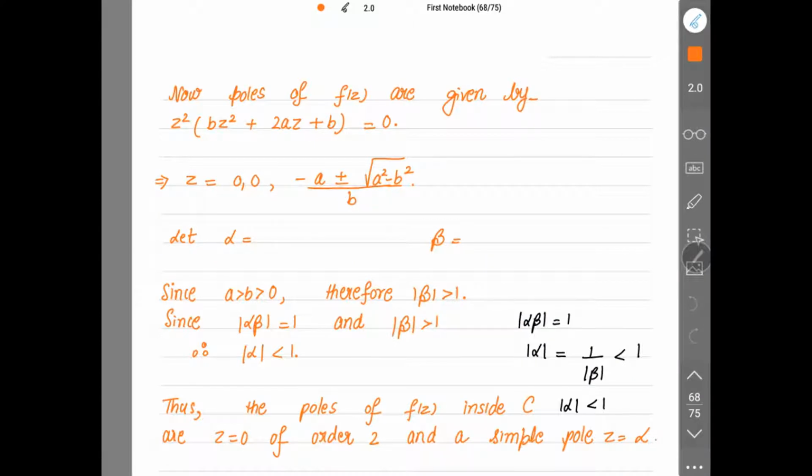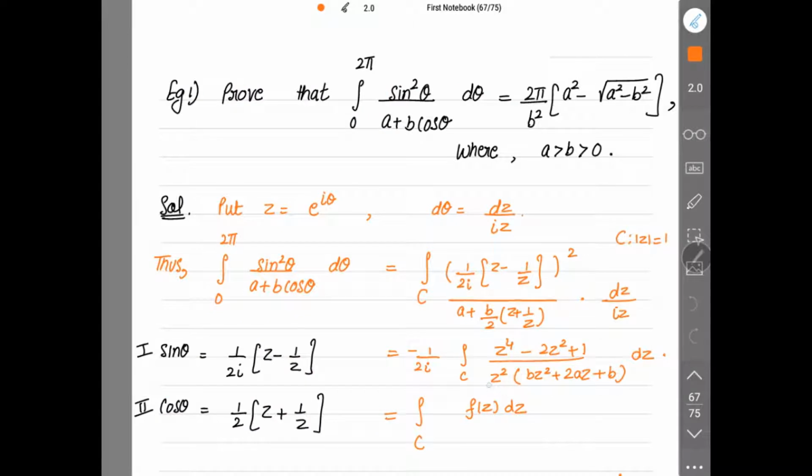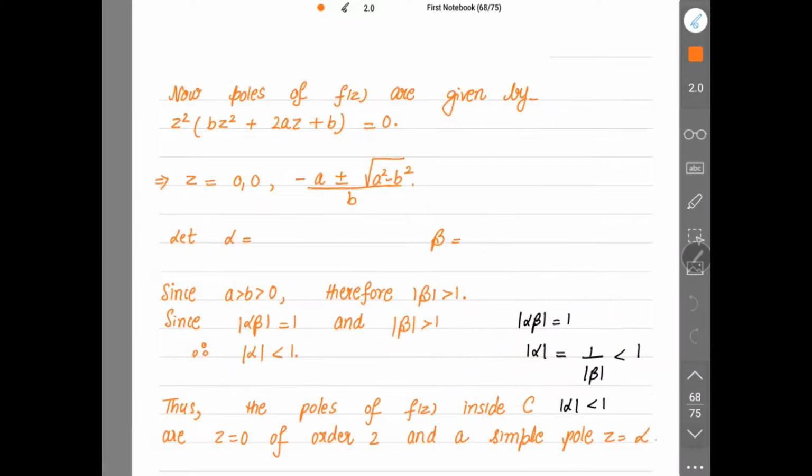Now poles of this function are given by taking the denominator of f of z equal to 0. So z square into bz square plus 2az plus b is equal to 0. And from here, I get my z as 0, 0, because this is a square over here.